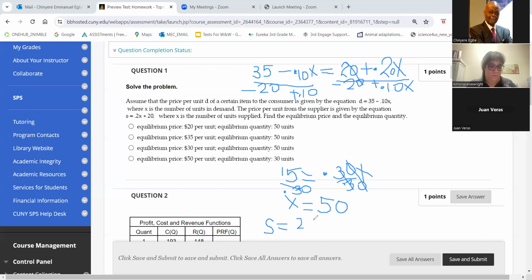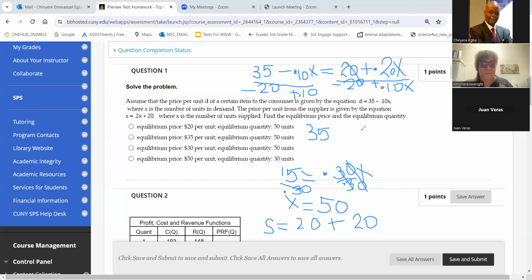So 20 plus 20. Okay. And 35. I mean, what did we multiply to get 20?